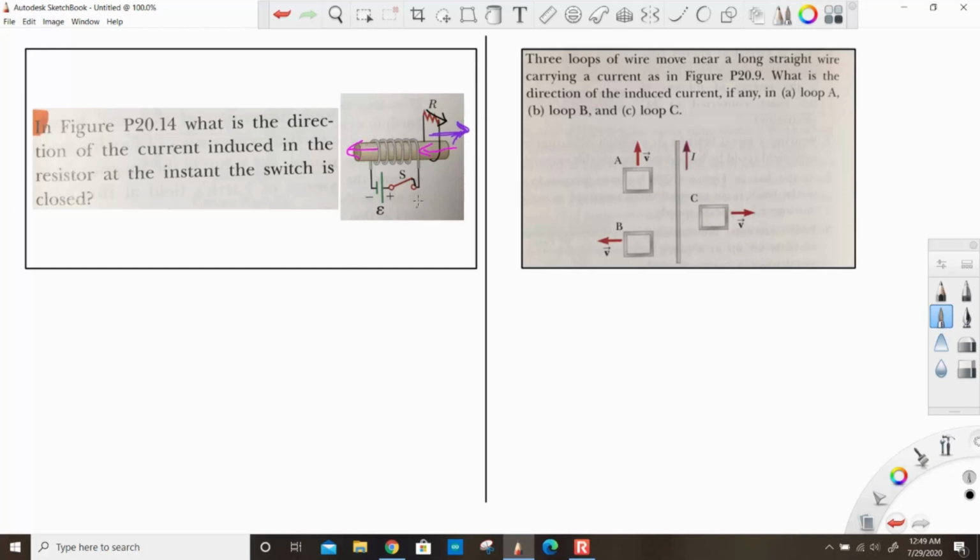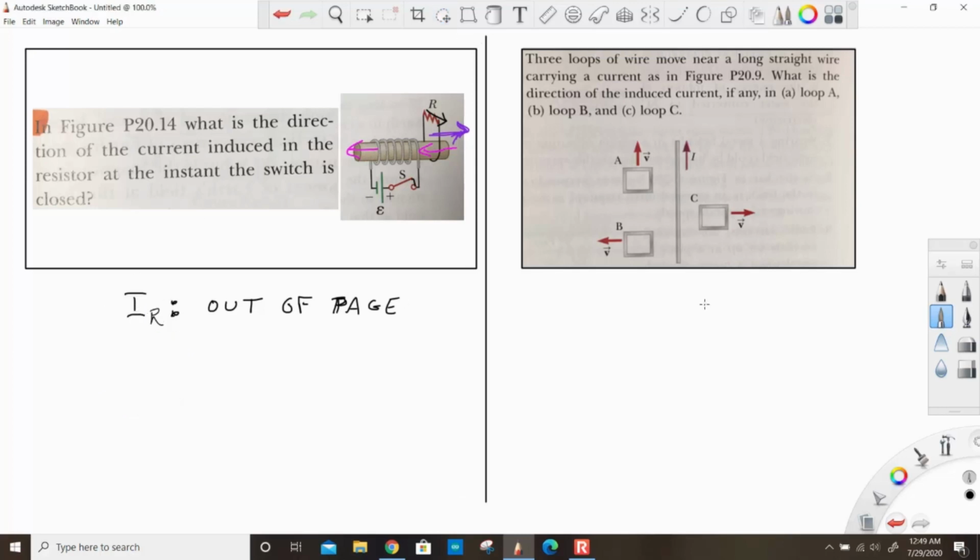Okay, so that means that we would expect the direction of current through our resistor to be out of the page. I should probably write that more exactly as the current in our resistor.